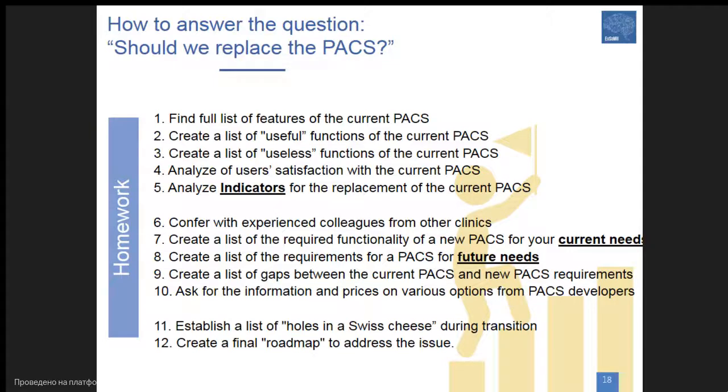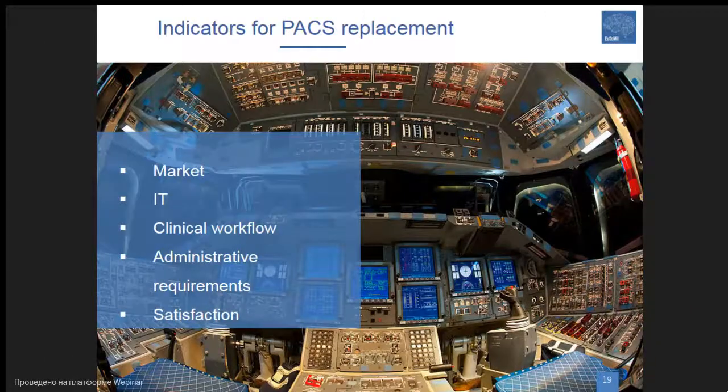So what might be the problems when you move from one PACS to another, and create a final roadmap to address the issue of replacing the PACS. Of course, money and the price are also taken into account, and should be balanced with the quality of the result.